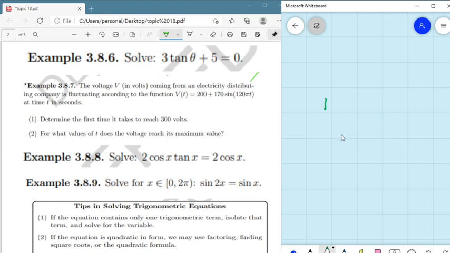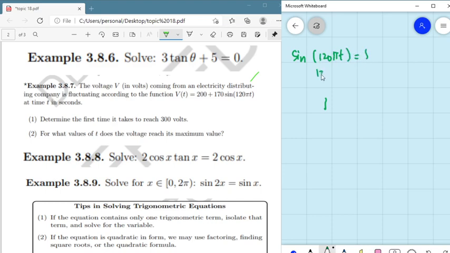Number 2 is for what values of t does the voltage reach its maximum value. So the maximum value of V happens when and only when the maximum value of sine of 120 pi t is equal to 1. So that's why sine of 120 pi t is equal to 1.